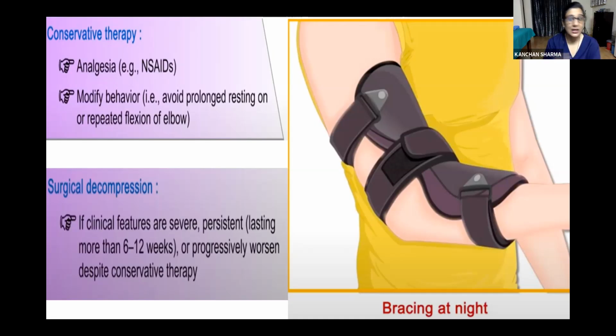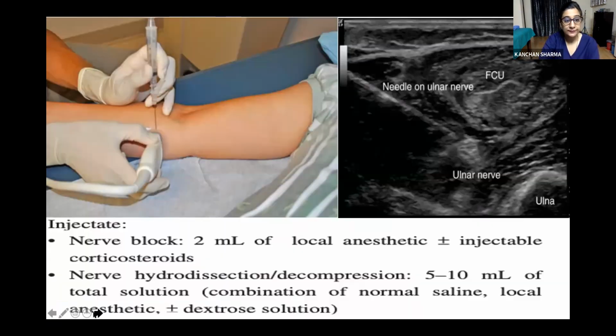That is the normal natural history of that nerve to heal. And if after that the pain is still persisting, then we need to go for a repositioning of the nerve. This is how you give a block to this nerve. Again, I'll be sharing this slide so you can go through it.